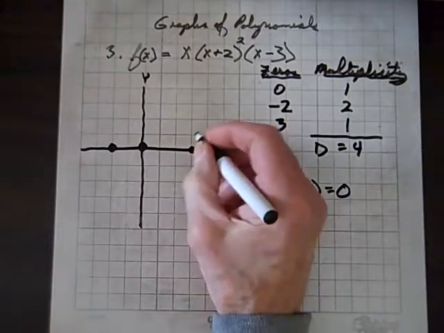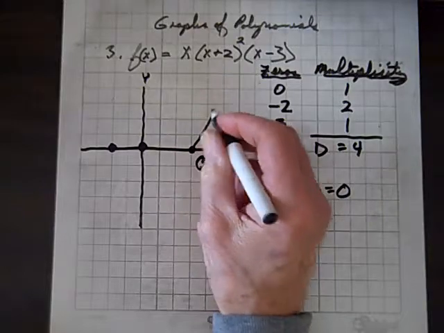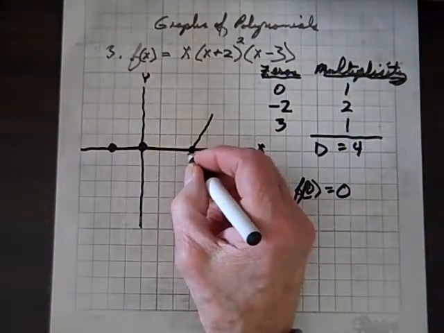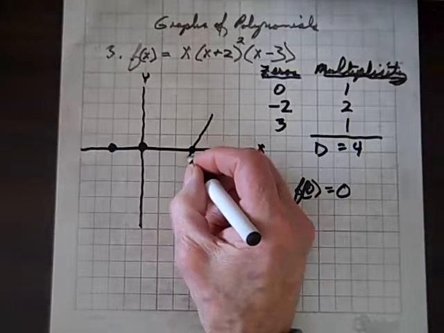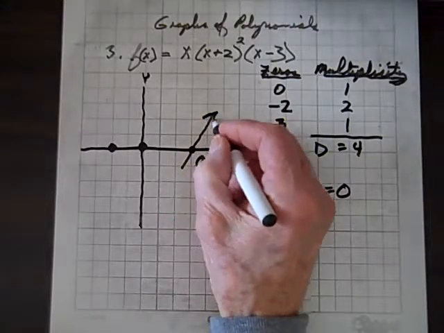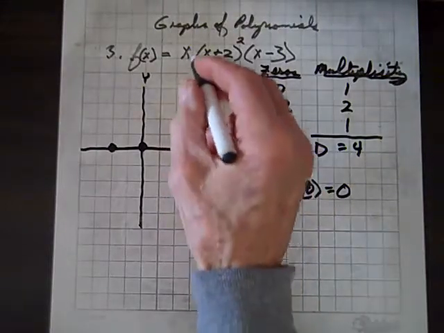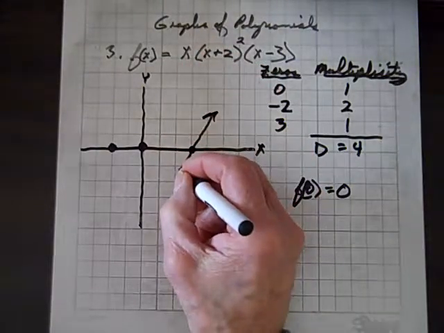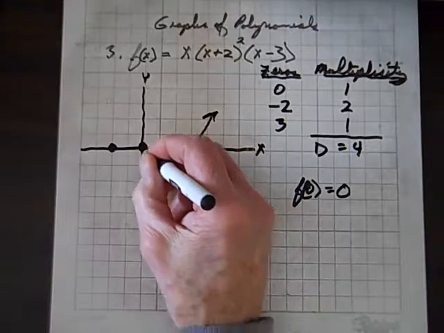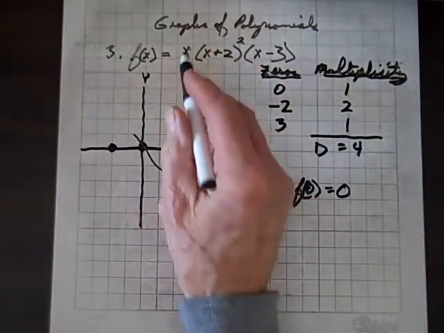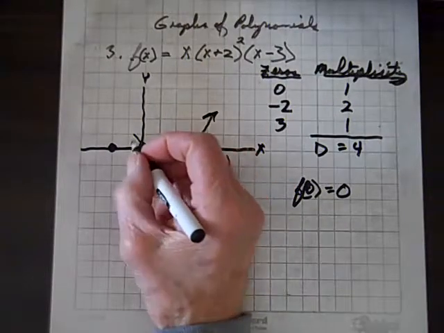We're going to pass through there because the exponent on that factor is odd. So there's our right-hand behavior going positive. Now we're going to go through x equals 0 because the exponent on that factor is odd.